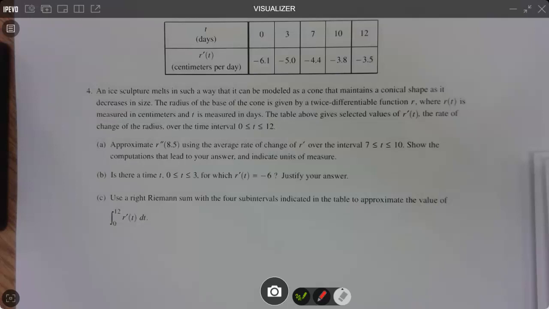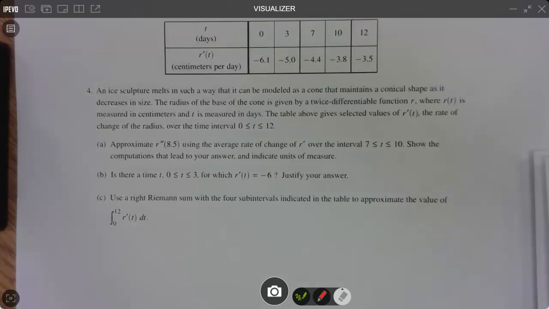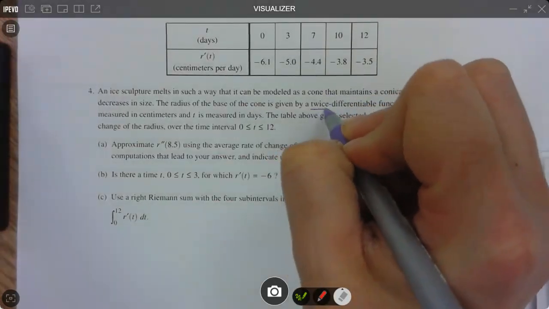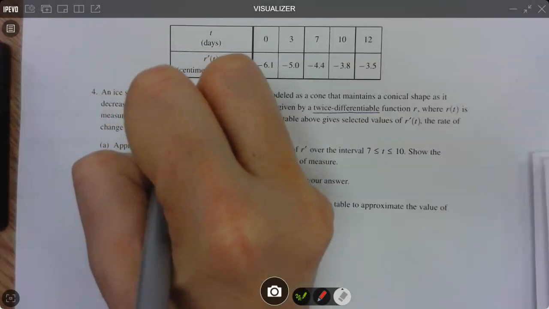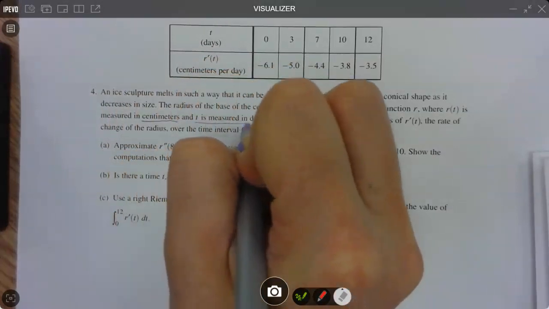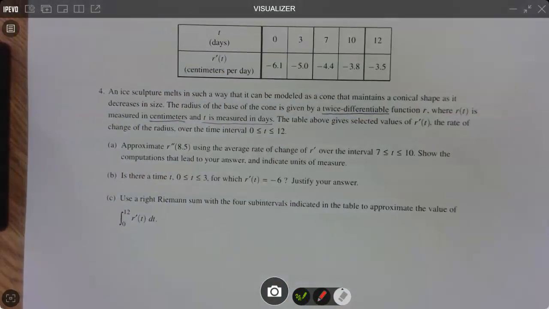So it can be modeled as a cone that maintains a conical shape as it decreases in size. The radius of the base of the cone is given by, here's a key word, twice differentiable, where R of t is measured in centimeters and t is measured in days.